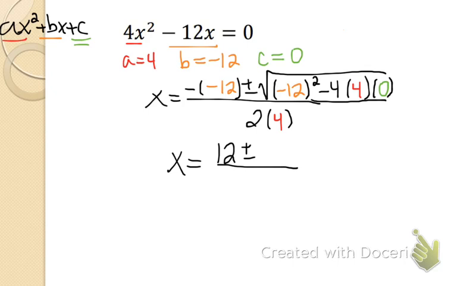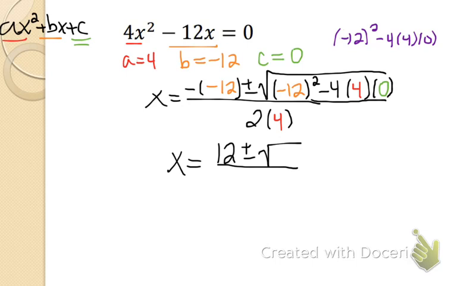Plus or minus the square root of, so again, I'm going to take a moment and pay attention to this discriminant and think, what am I going to end up with? How does a 0 affect what's inside? Well, here we have negative 12 squared minus 4 times 4 times 0.